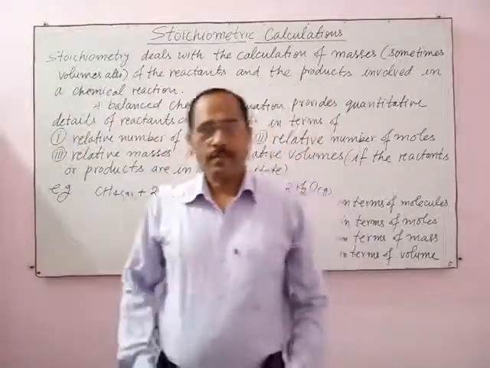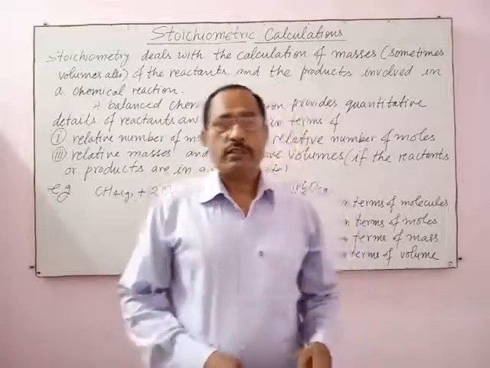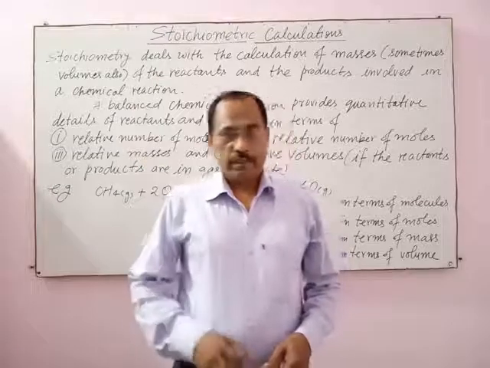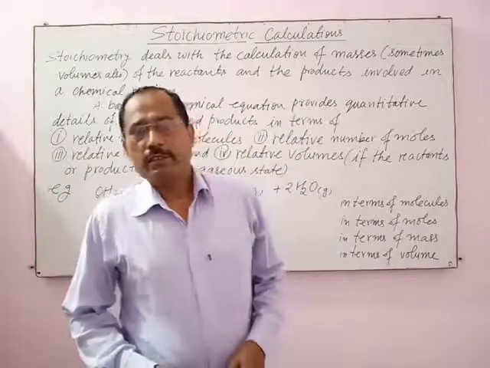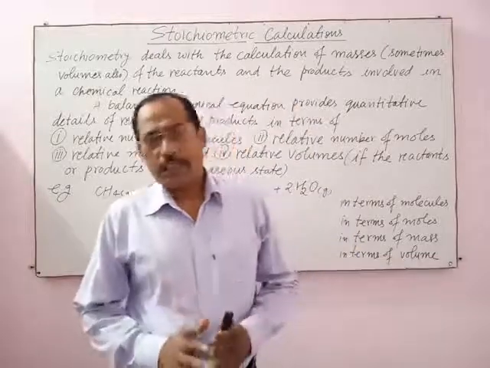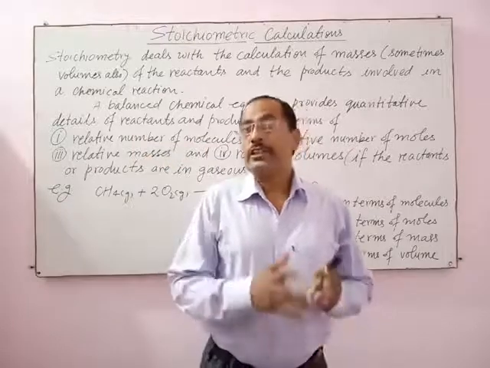Reactants are the substances taking part in a chemical reaction, and products are the substances formed as a result of the chemical reaction. Means reactants take part in chemical reaction and give products.